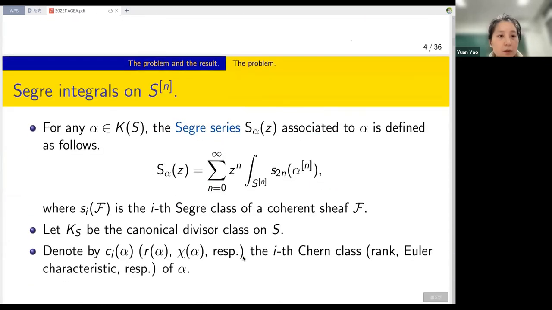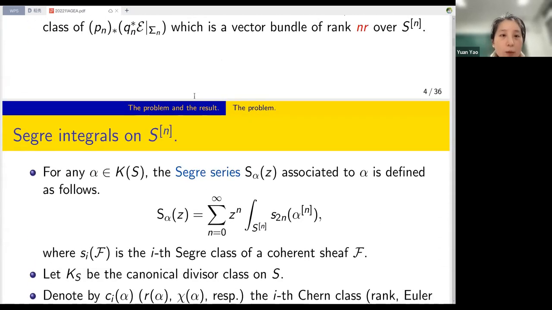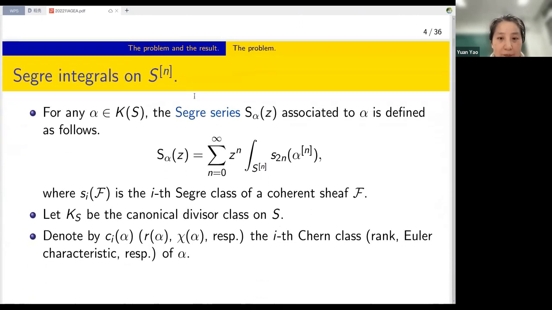Now, Segre integrals are defined to be the integration of the top Segre class of alpha^[n]. So S_n is the top Segre class of alpha^[n], and then you do the integration. If you view this as a top class, you can also consider it as counting points.